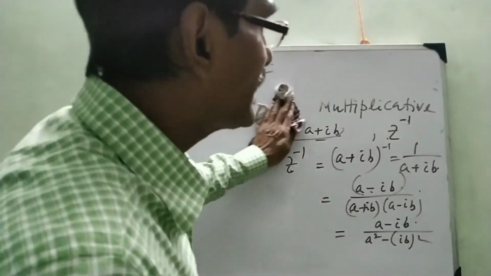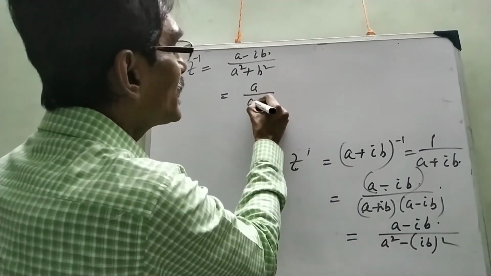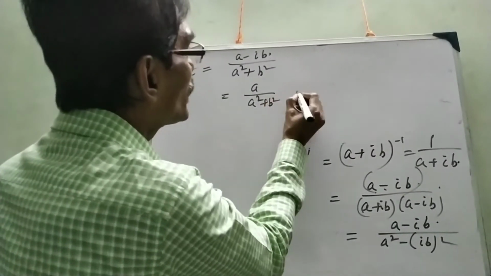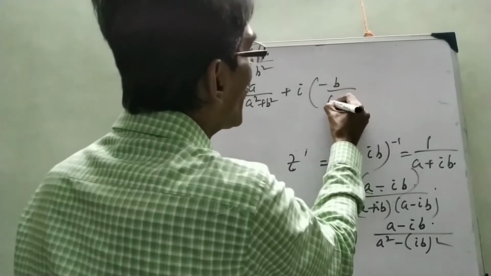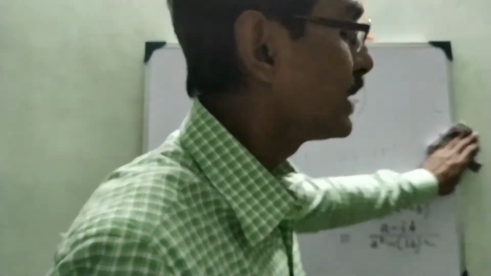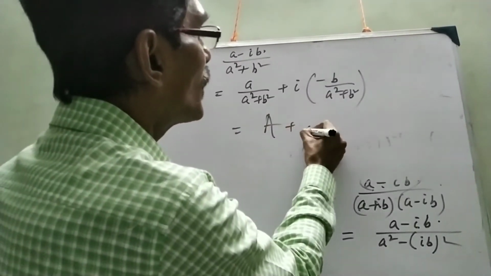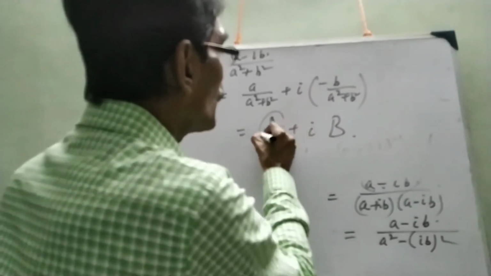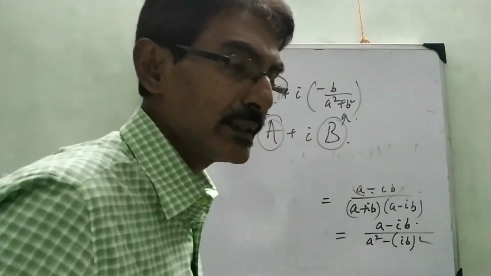If I try to write in the A plus iB form, then what is coming? A by A square plus B square plus i into minus B by A square plus B square. Very interesting. You see, the multiplicative inverse is also coming in the form of A plus iB, where A is this big quantity and B is this.